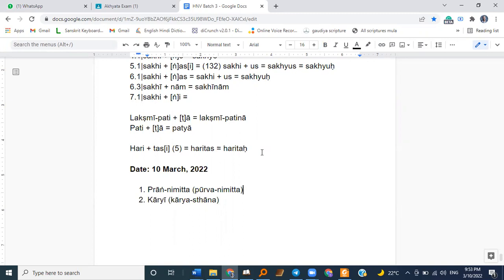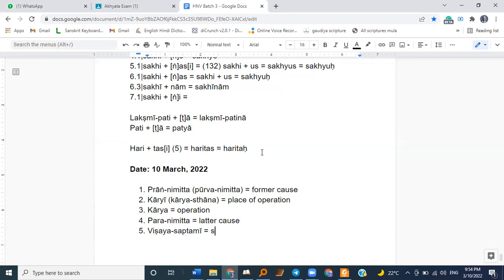So Purva Nimitta is the former cause, Kari is the place of operation, then the Karya is the operation itself, and the Paranimitta, which is the latter cause, and then there is this Vishaya Saptami, or just Vishaya.